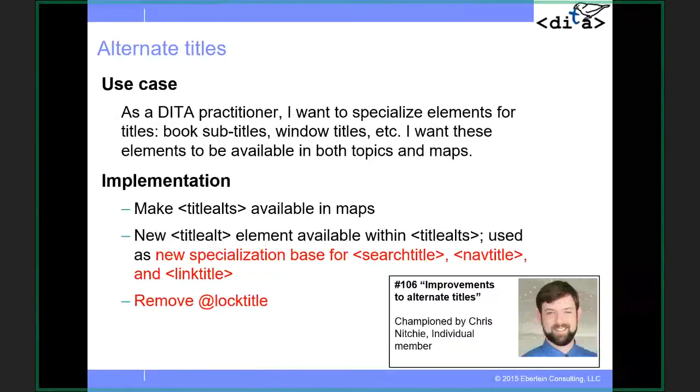And you'll note that I have those color-coded, highlighted here in red. Where I have things in red is just to indicate that these are some backward incompatible changes that might affect your content. If you've specialized any of these elements, such as search title or nav title, you're going to need to do some changes here to potentially your style sheets, specializations, or constraints.